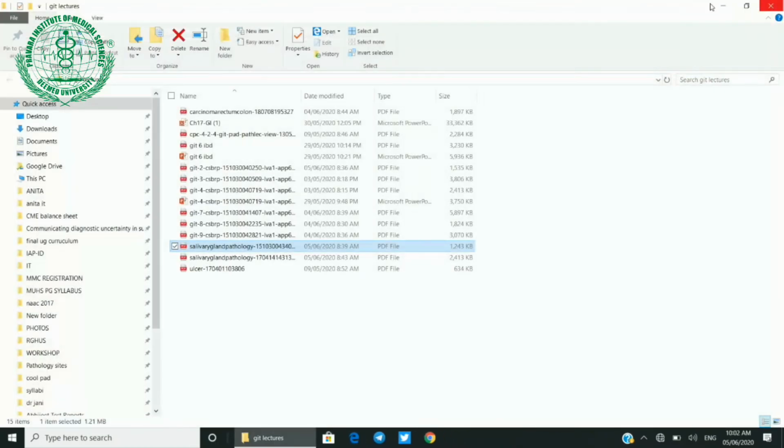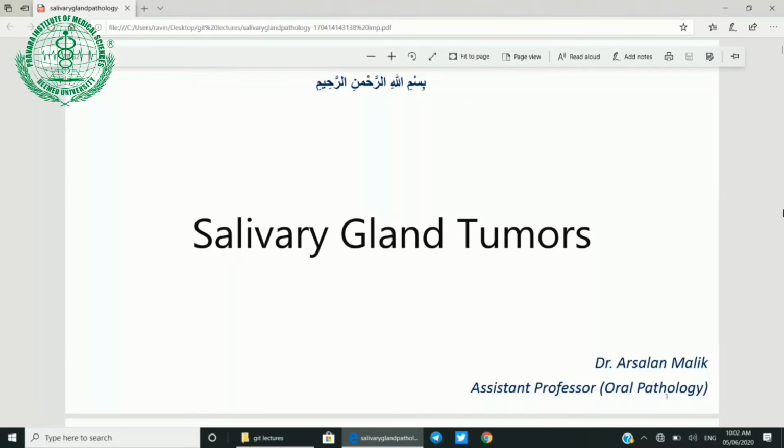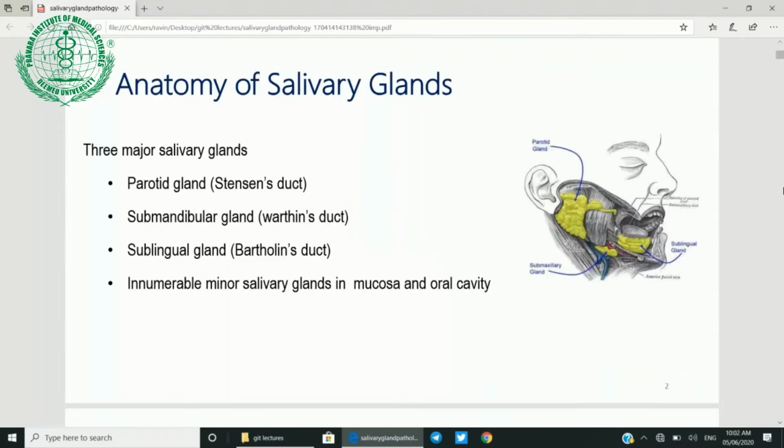I will try to show you one more presentation, downloaded from the net. The aim of showing you different kinds of pictures is that you remember it visually very well.